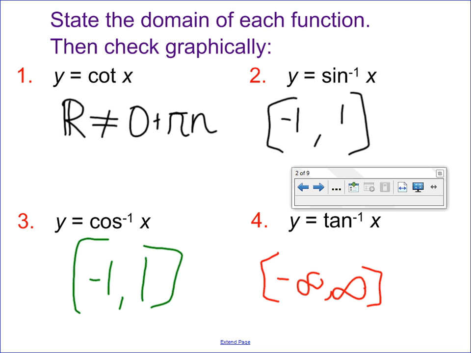What's my restricted range for inverse sine? Grace? Negative pi over 2 to pi over 2. Wonderful. Negative pi over 2 to positive pi over 2 inclusive, again brackets. Thank you. What's the restricted range of the inverse cosine function in number 3? Be ready. Sydney? 0 to pi. Good. That's my restricted range.